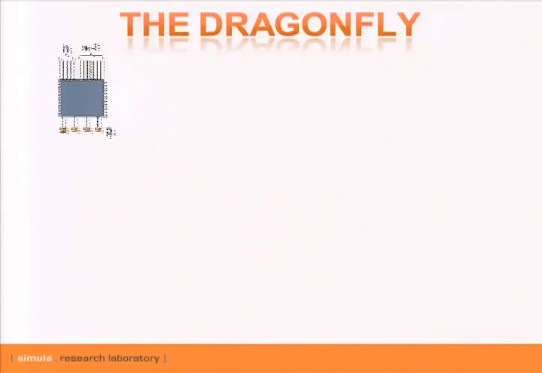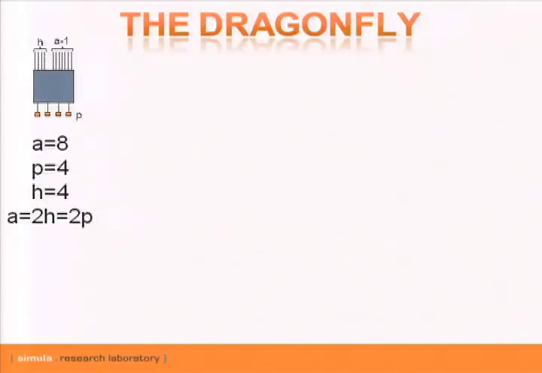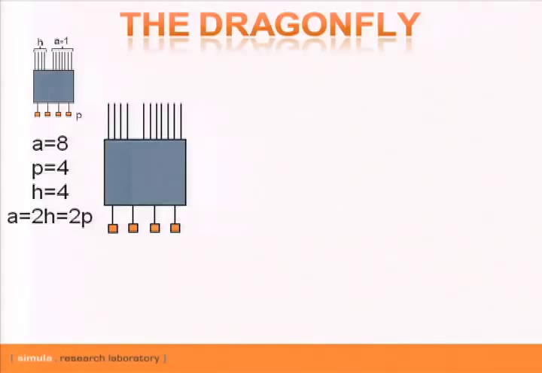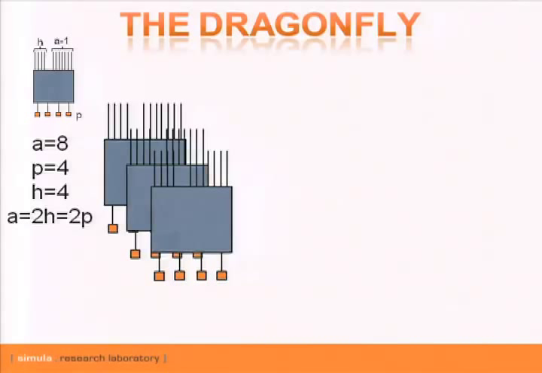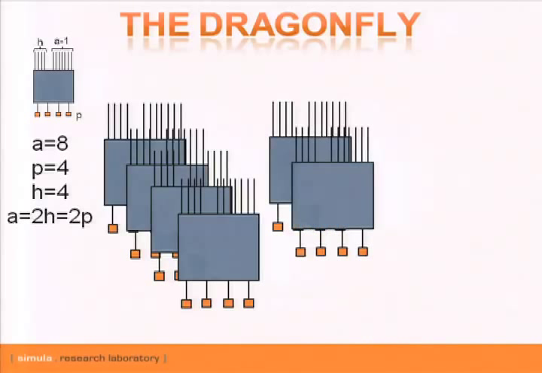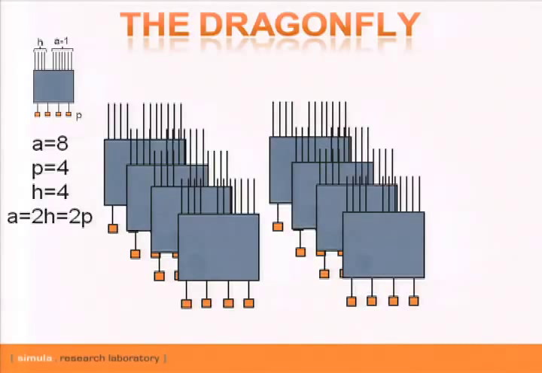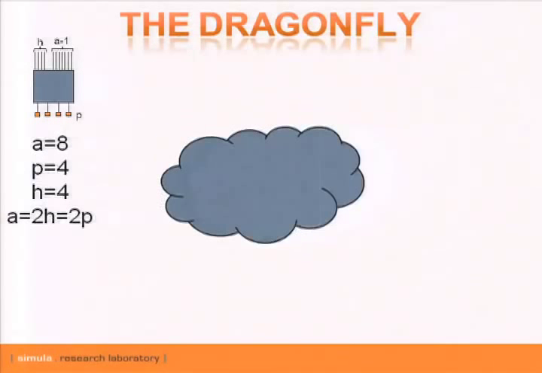That means that A will have the value of 8, and P and H will have the value of 4. Recall that each group will consist of A switches, which in our case is 8. So we will have this group.